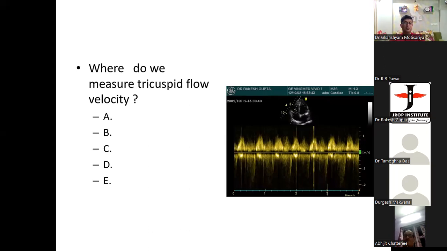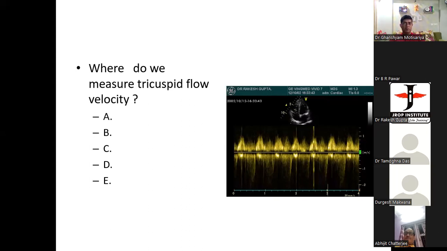And in the short axis, when we can see RA and RV, what do we call that view? We start from Plaque's window. Do we see the tricuspid valve in Plaque's window? No, sir. Then with any modification of Plaque's window, can we see tricuspid flow?